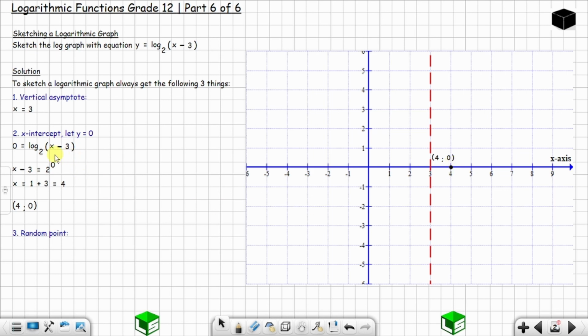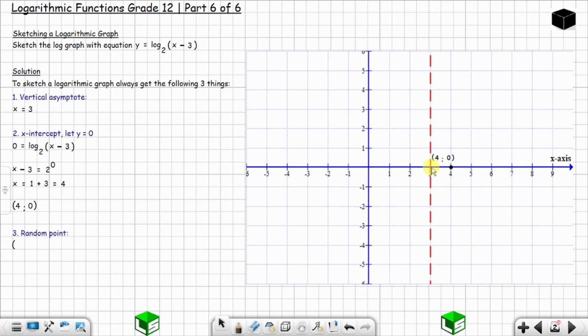After that, you need to get a random point. To get a random point, you can use any value. When you check your sketch, you can see you have your x-intercept there and your vertical asymptote there.